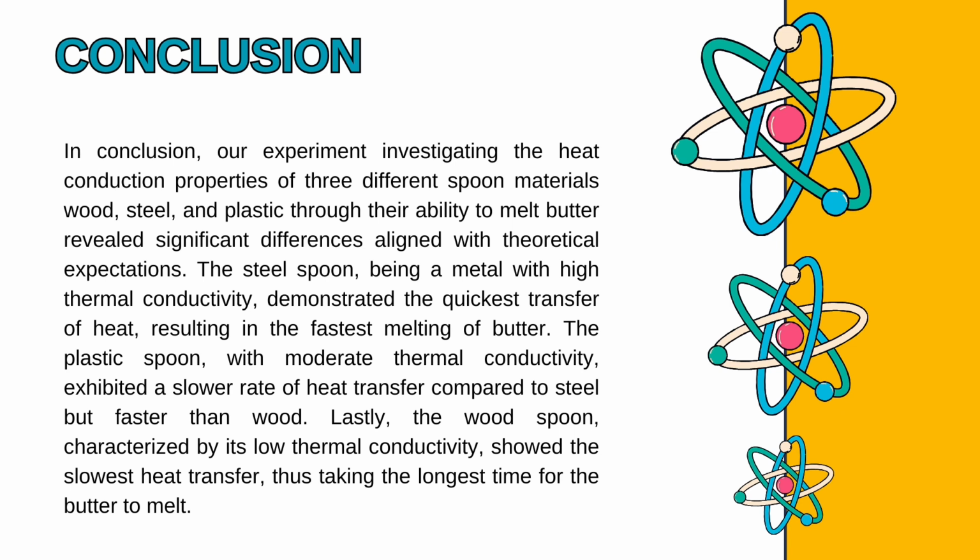The plastic spoon, with moderate thermal conductivity, exhibits a slower rate of heat transfer compared to steel, but faster than wood. Lastly, the wooden spoon, characterized by its low thermal conductivity, showed the slowest heat transfer, thus taking the longest time for the butter to melt.